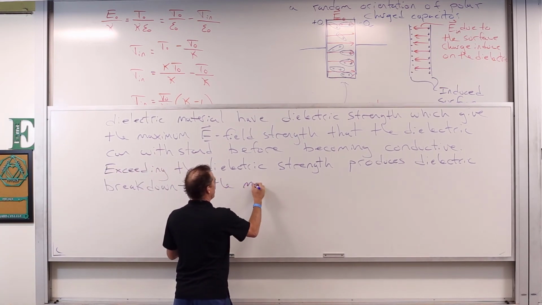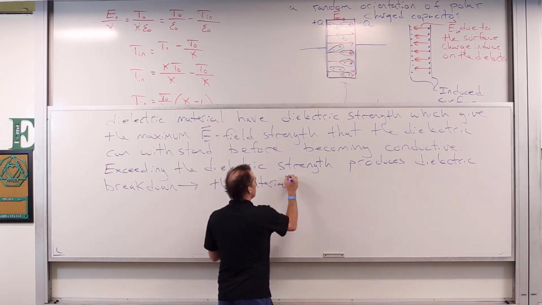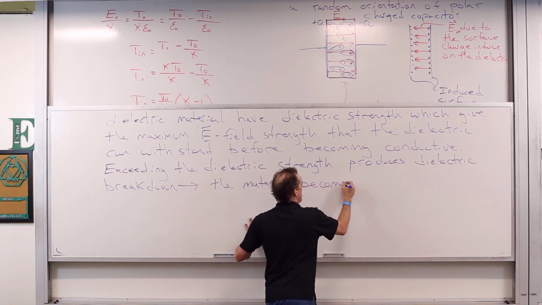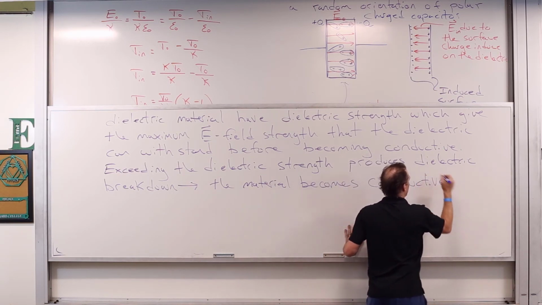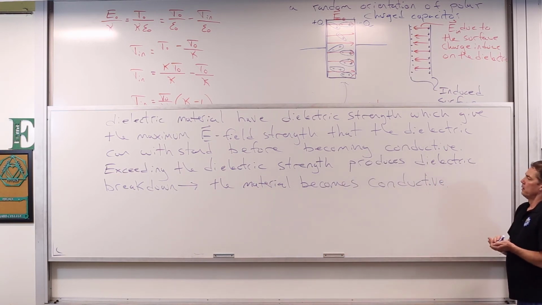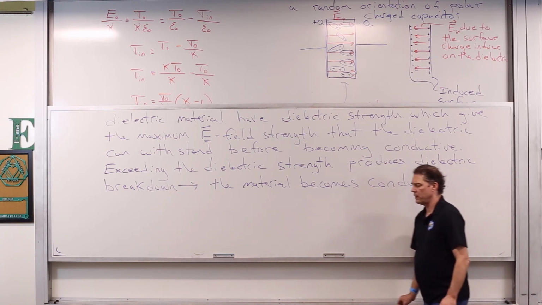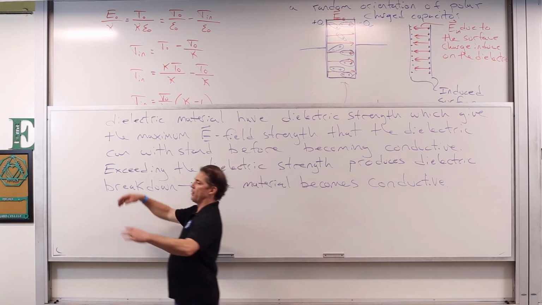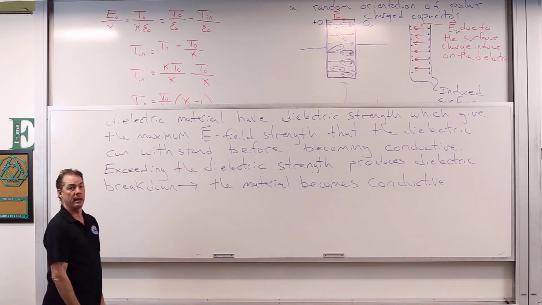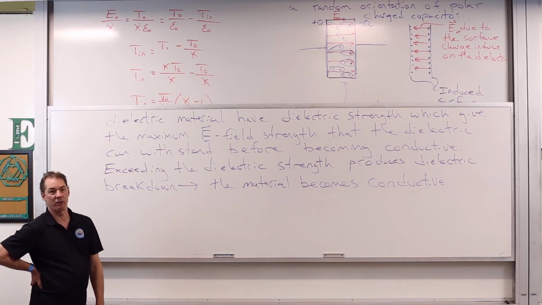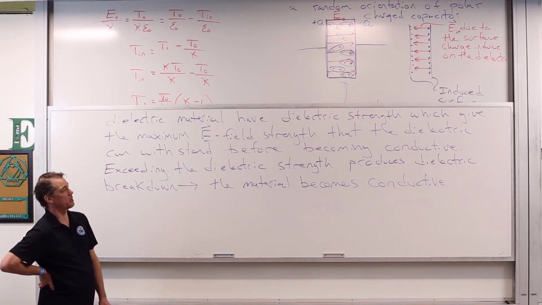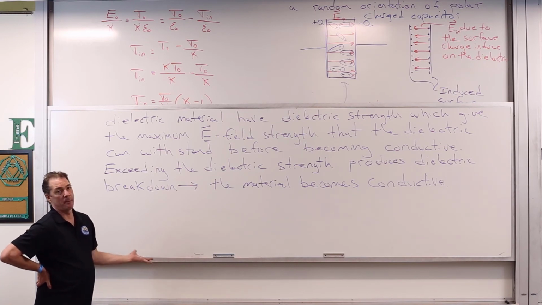It means the material becomes conductive. So, while you can increase the capacitance substantially with the dielectric, you also introduce the possibility of dielectric breakdown if you expose it to too high of a potential difference across its plates. And that's something you just have to be aware of.